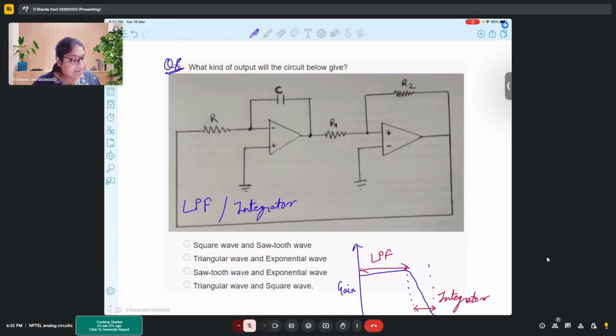Now, what about this part where one terminal is grounded and the other terminal is connected through two resistors? What is this circuit? Have we seen this circuit before? We discussed this circuit before, right?